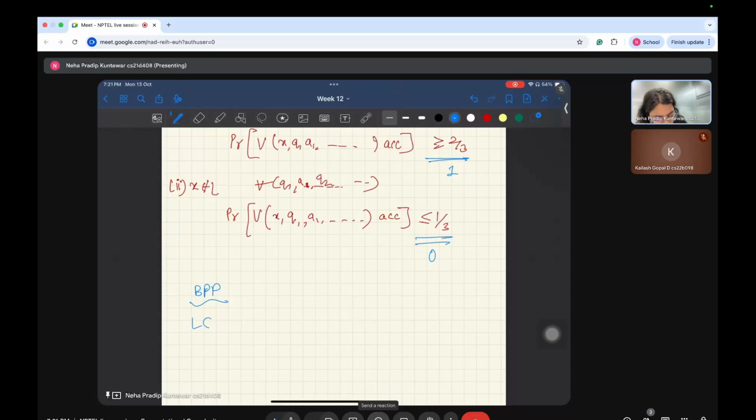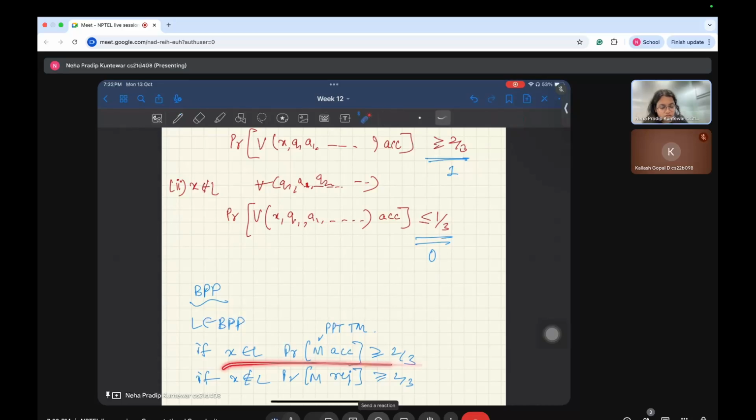We say that L is in BPP if X is in the language, then the probability that M accepts, where M is a probabilistic polytime Turing machine, is at least 2/3, and if X is not in the language, then the probability that M rejects is at least 2/3.